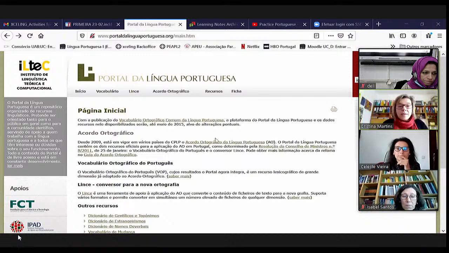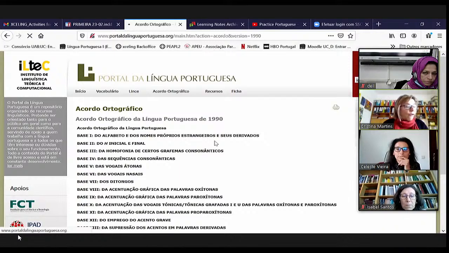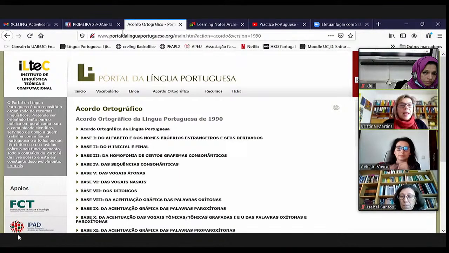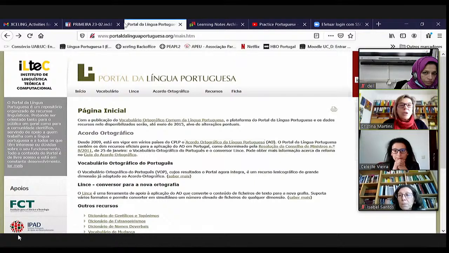The text of this spelling reform can be accessed here in a friendly format for users, and also the official legal document that made it official.